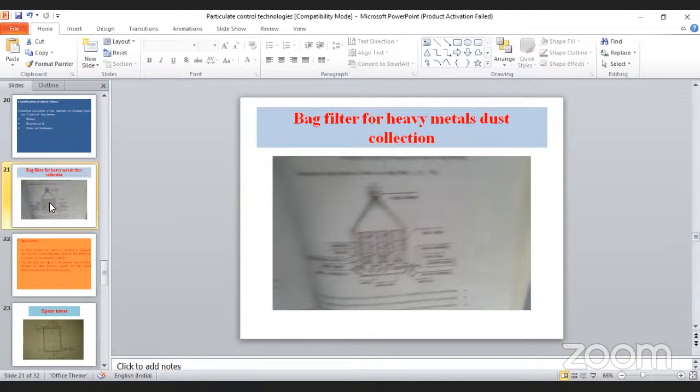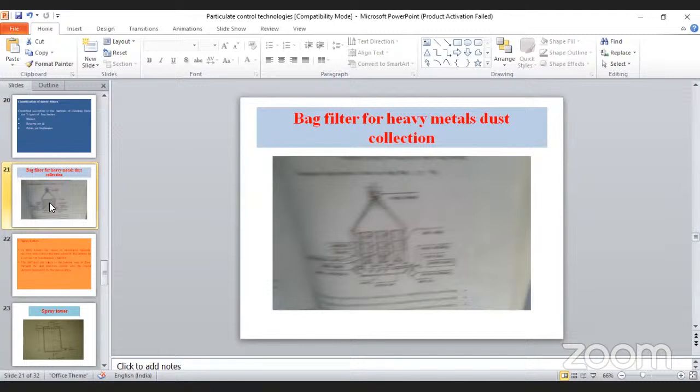Actually, we have compartments. When I was talking about the gravitational settling chamber, I said they introduced many trays. When we introduce the trays, the flow of the gas is in a zigzag manner, because it enters and goes to the end of one plate, then comes back into the gap between the first and second tray.